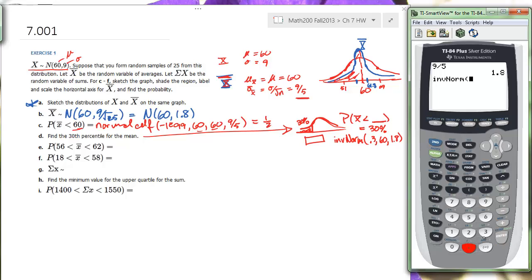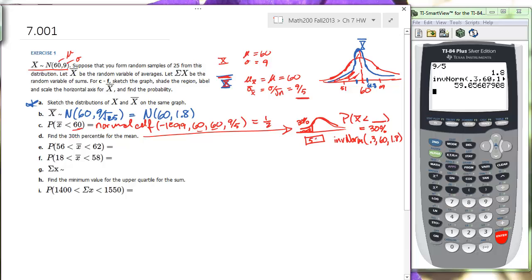We have 0.3, 60, and 1.8. If we do that calculation, we see that it's 59.05, so let's just call that an even 59. That's going to be the value you're looking for. The 30th percentile is 59.